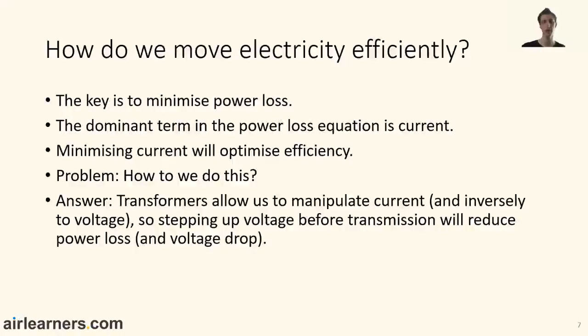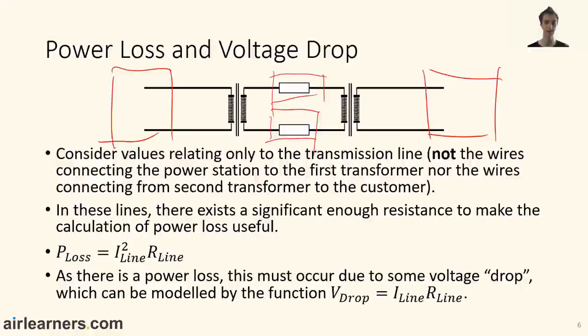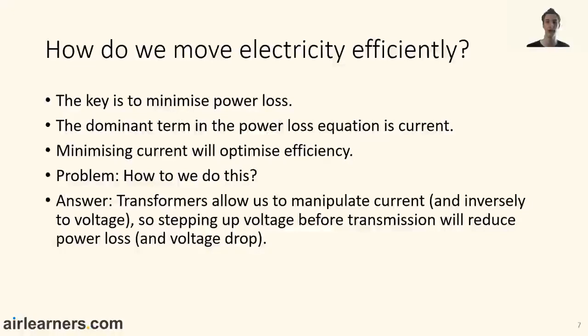Now, if we go back to the equation of power loss, it's I squared R. And so that means that the dominant term, something that's going to have the most impact, is going to be our current. If we can somehow minimize our current, we're going to end up with a lot lower power loss. So that brings us to that third dot point, that minimizing current will optimize our efficiency.